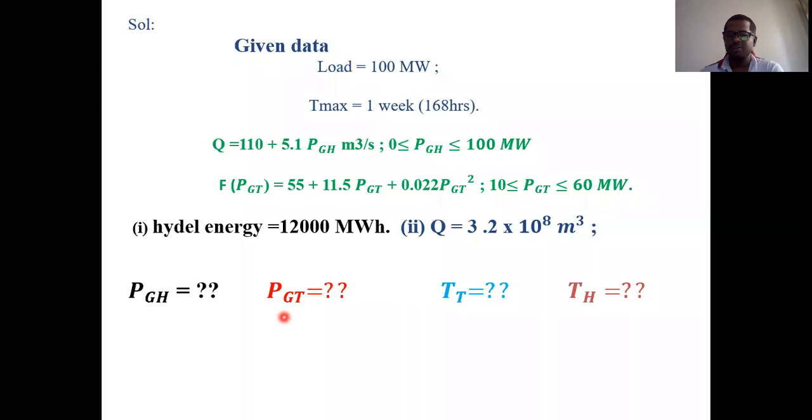All are the same. Once these 2 are completed, go for finding TT and TH. TT means how much time the thermal power plant is in operating condition, and TH means how much time the hydropower plant is producing power. So we need to find these 4 parameters by considering case 1 and similarly case 2.